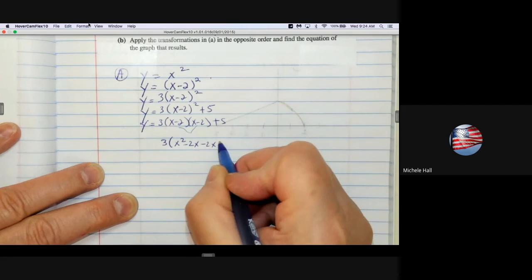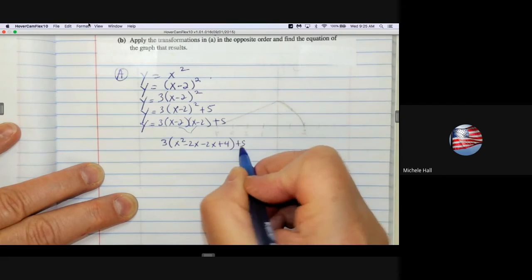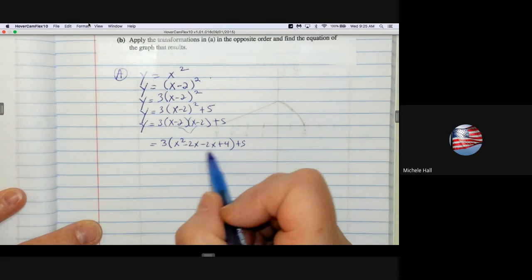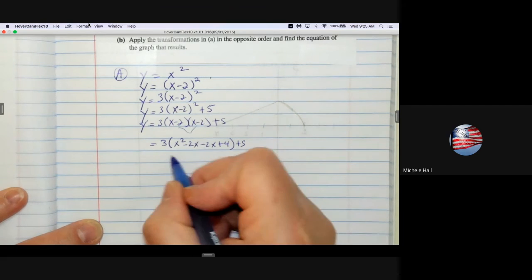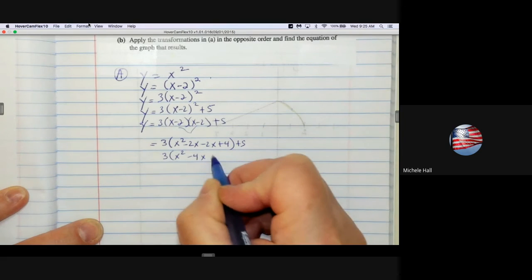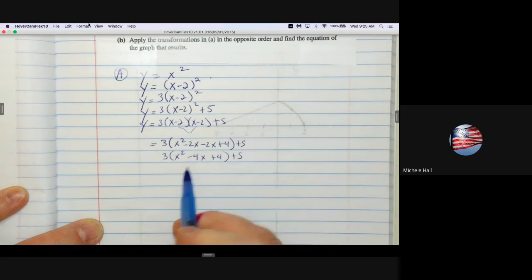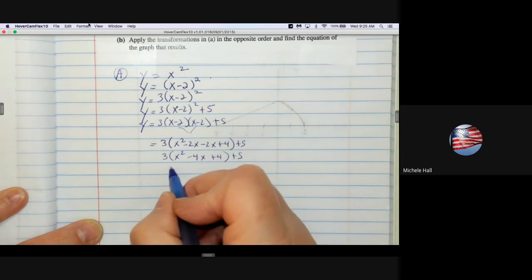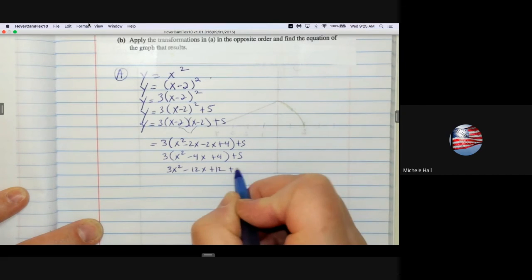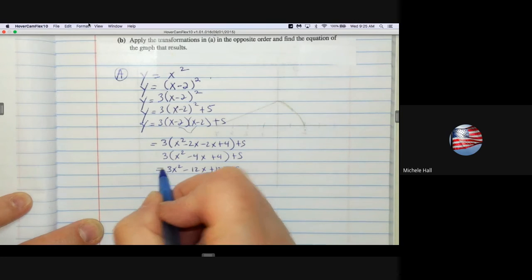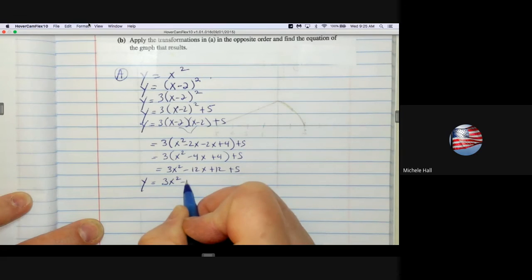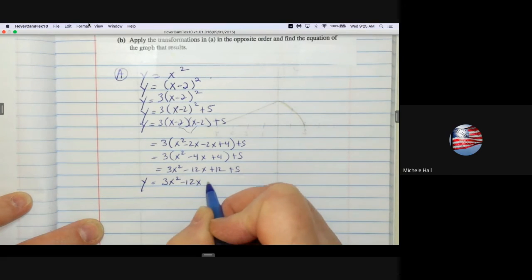And negative 2 times negative 2 is positive 4. Multiply by the 3. And I need to clean this up on the inside. Negative 2x, negative 2x. Now I'm ready to distribute. We have 3x squared minus 12x plus 12 plus 5. Our final answer then would be 3x squared minus 12x plus 17.